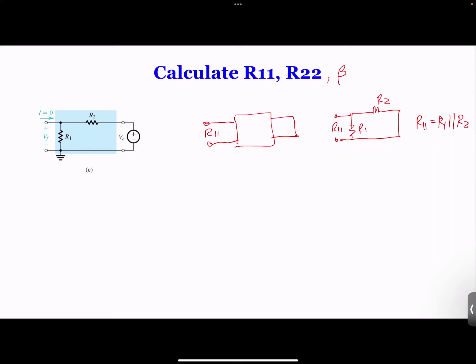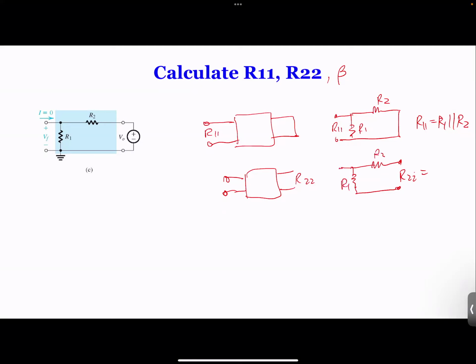Okay, so to get R22, remember we just open the primary and we look into the secondary. So basically what it means is we have the primary open. Now you look from the left, look into it. What do you see now?